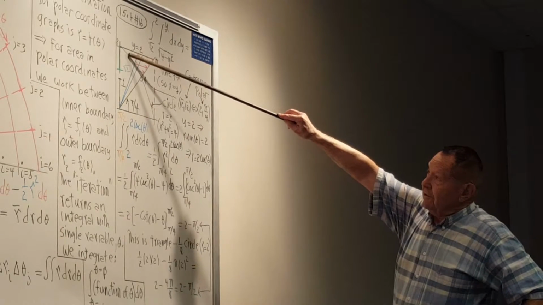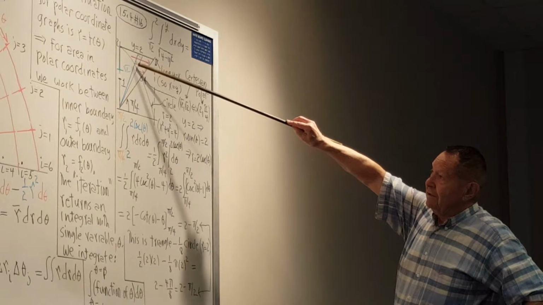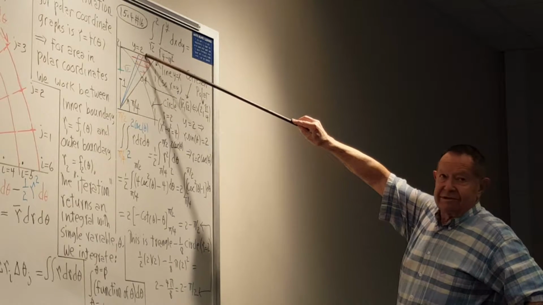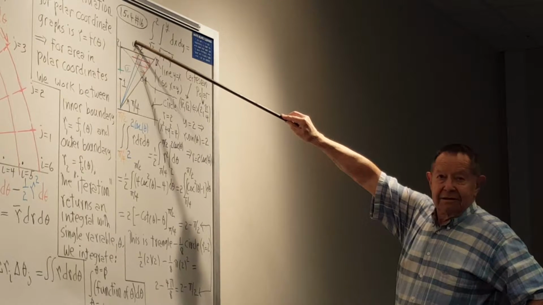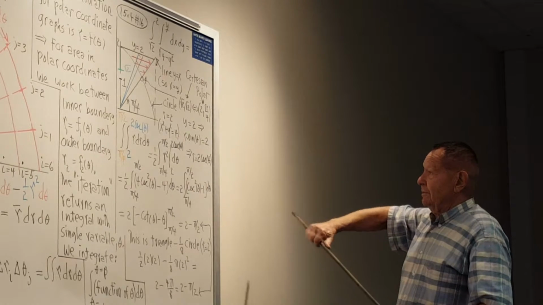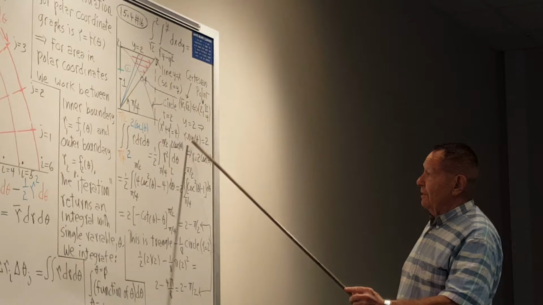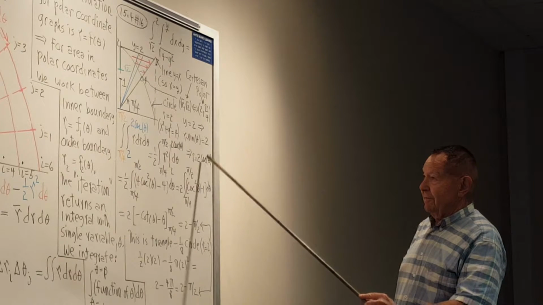So your inner curve for these sectors, like in blue, would be the arc of the circle, and your outer curve is the horizontal line. Y is r sine theta. So r sine theta is 2, so r is 2 over the sine, which is 2 cosecant.